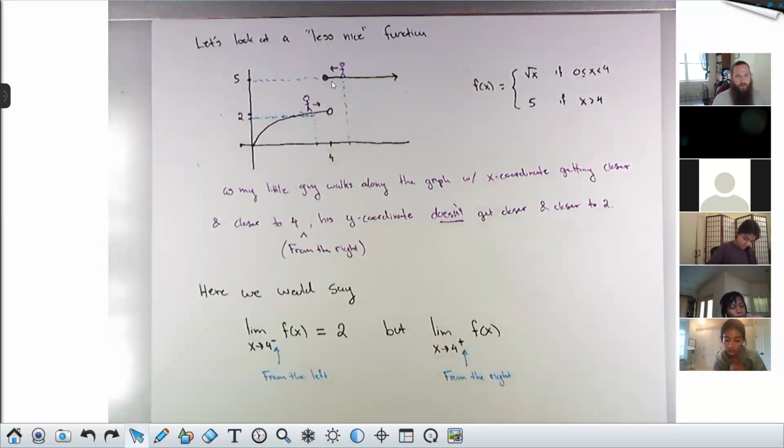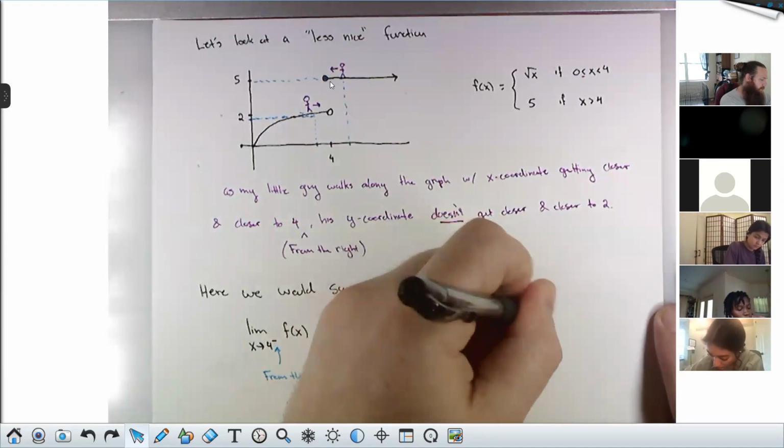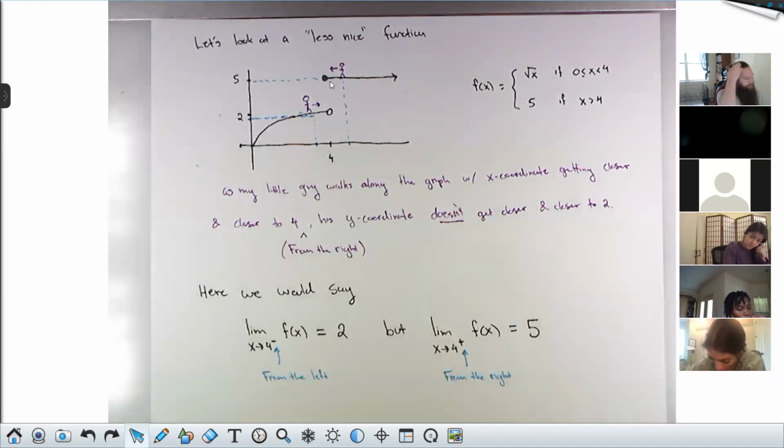As my little guy walks along the graph, getting closer and closer to having x coordinate 4, coming in from the right, his y coordinate stays 5. His y coordinate is 5 here, 5 here, 5 here. Exactly at 4, his y coordinate is 5. So here we would say that the limit from the right is equal to 5.